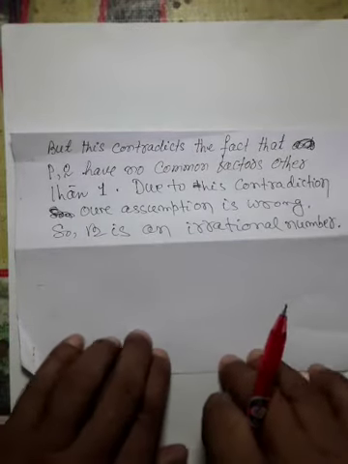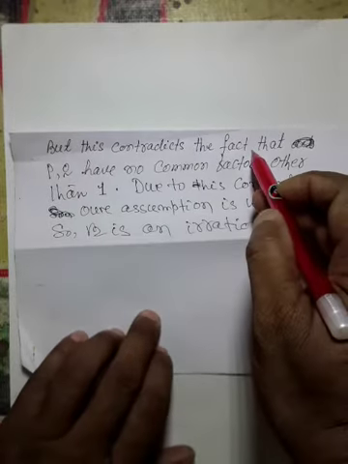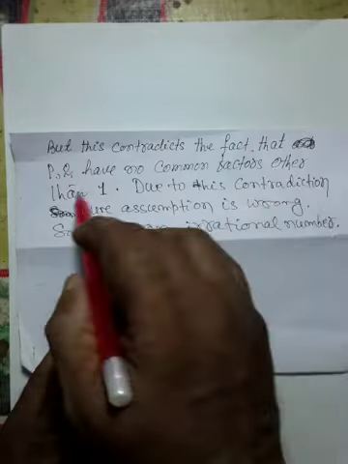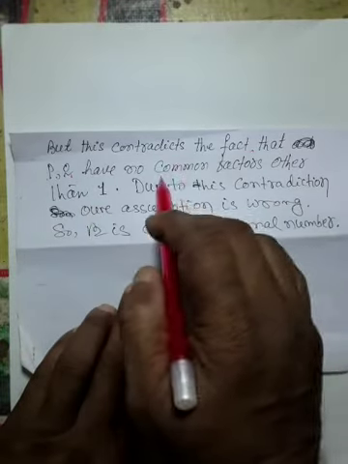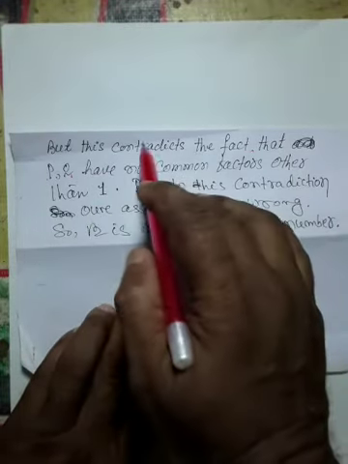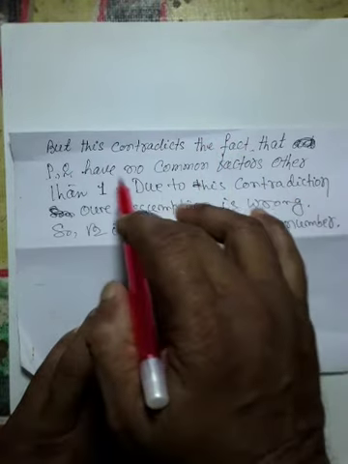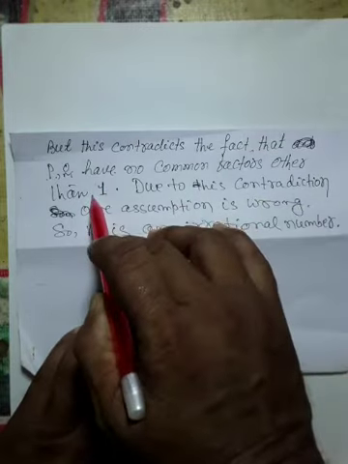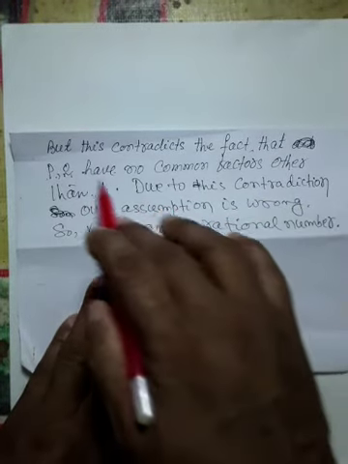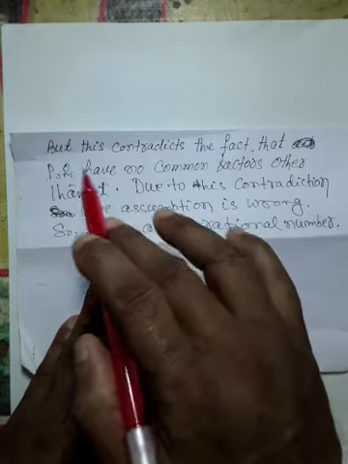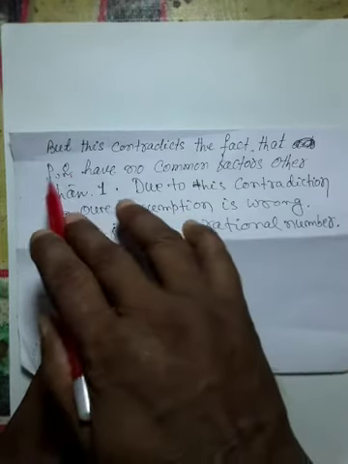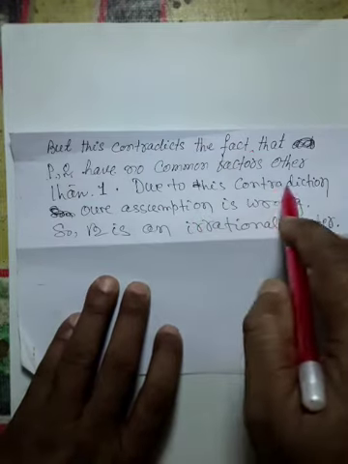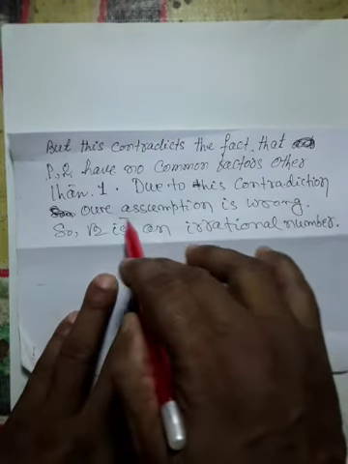But this contradicts the fact that p and q have no common factors other than 1. We assumed that p and q have no common factors other than 1, but we see that p and q have more than one factor; at least we have already got 2. Due to this contradiction, our assumption is wrong.